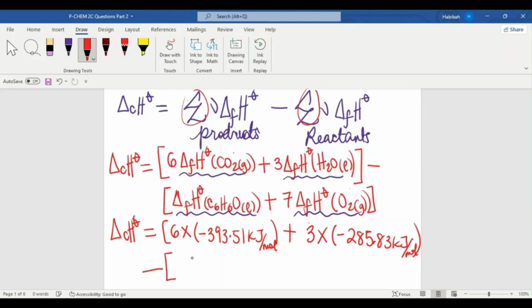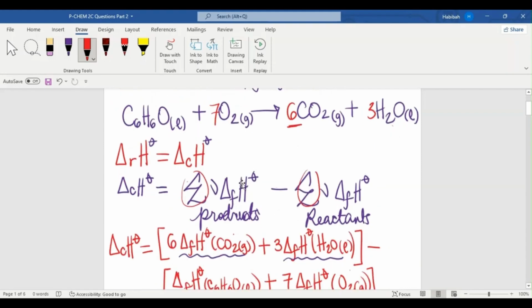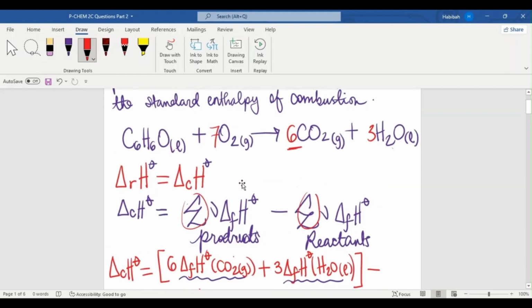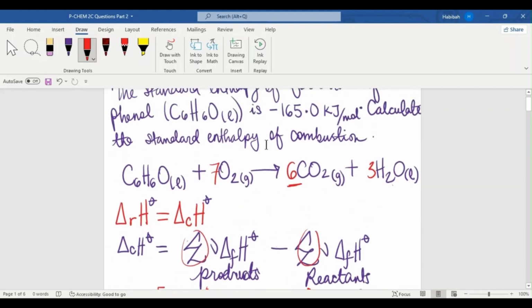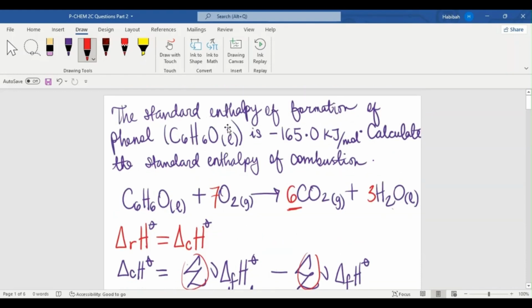Minus, again, because the standard enthalpy of formation for phenol, well, we're not given that. Actually, we were given that, which is the whole point of the question. The question says the standard enthalpy of formation of phenol is this, meaning it's possible that you don't find that in your textbook. So this one was given to us, and this is the value we're going to use. We're not going to use what's in the textbook for now.